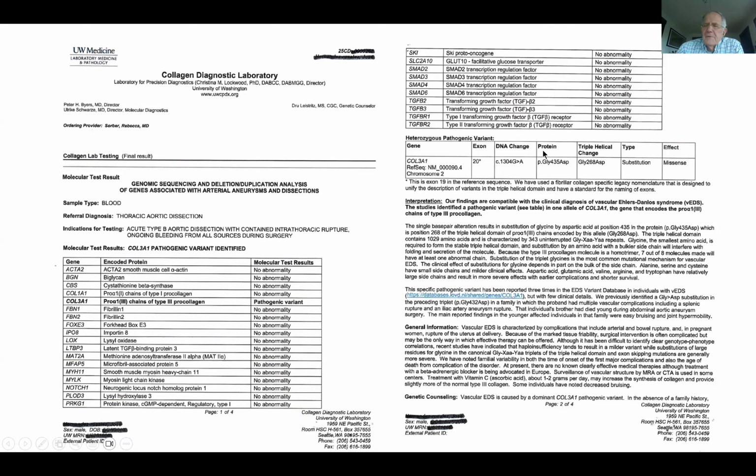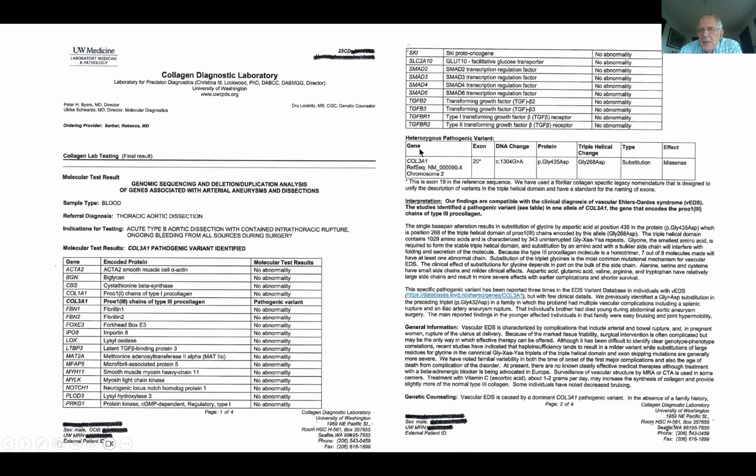So the meat of the report is in this box, or a series of boxes here. And it says, first of all, heterozygous pathogenic variant. So heterozygous: we have 2 copies of every gene. And so they're different in the sense that one copy of the gene has an alteration, and the other copy of the gene is wild type or is normal.